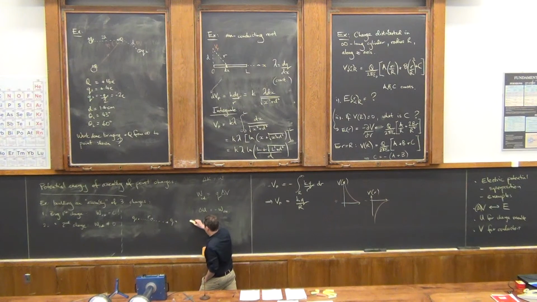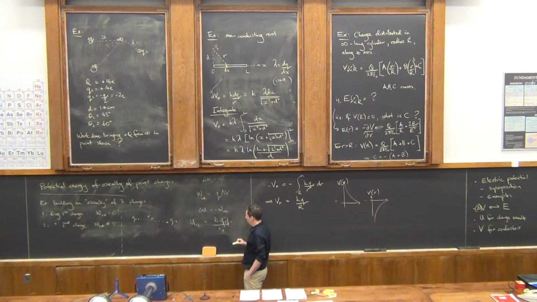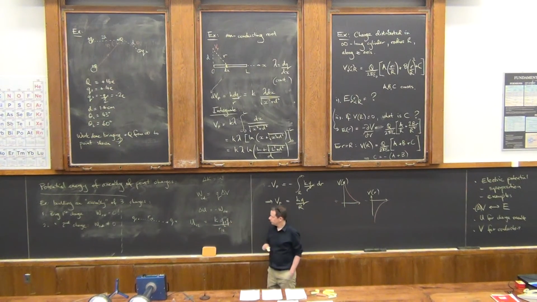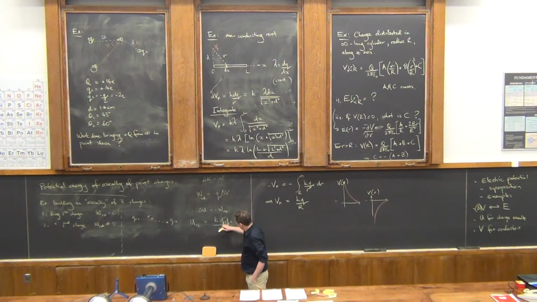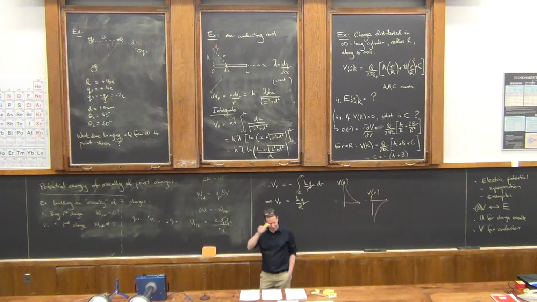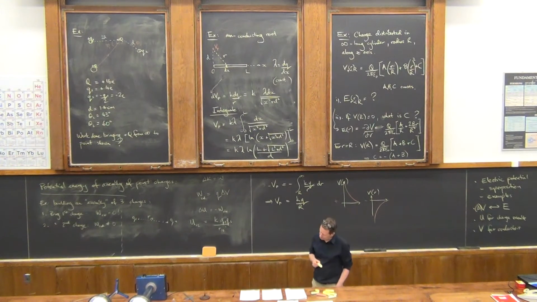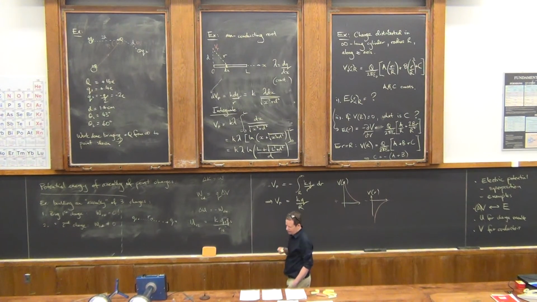So the total potential energy in these two is now k Q1, Q2 over R12 squared, not squared. Yeah, messed that up. So there it is. Okay.